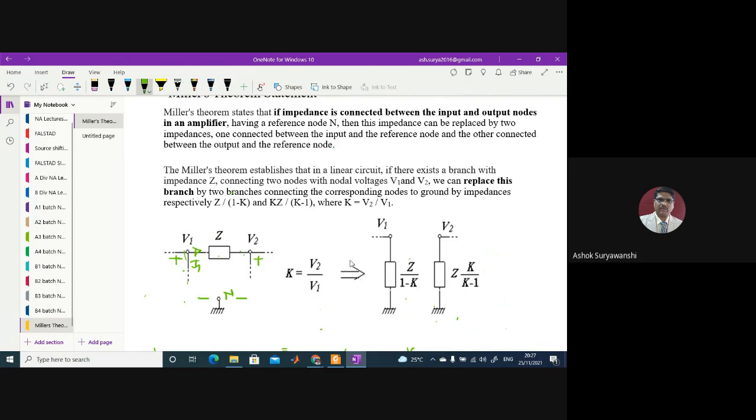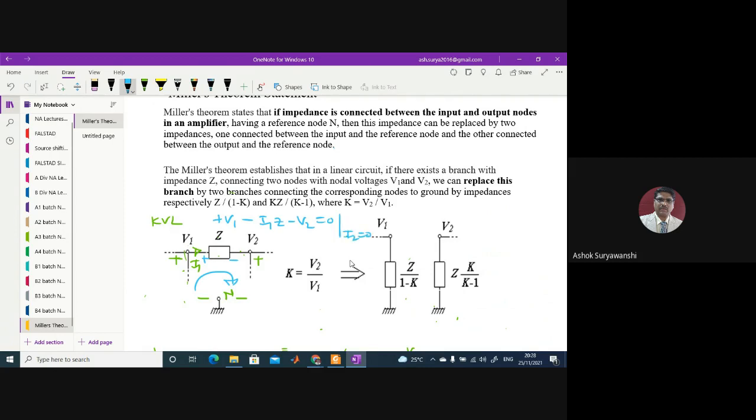Now if we apply KVL, because it is based on Kirchhoff's voltage law, to this particular loop, then going from minus to plus is plus V1, then plus to minus is minus I1 into Z, and plus to minus is minus V2, equals 0, when I2 is 0.